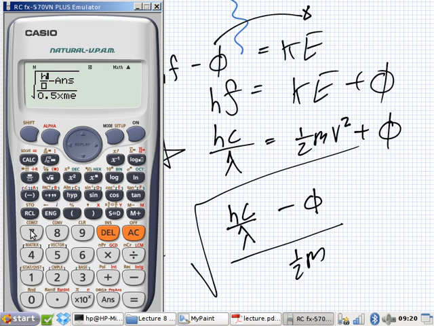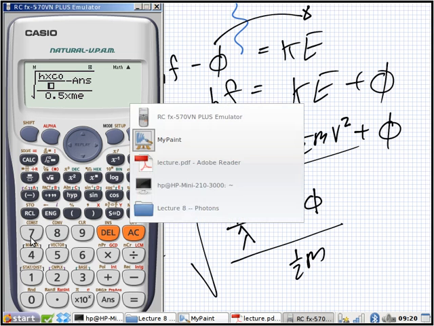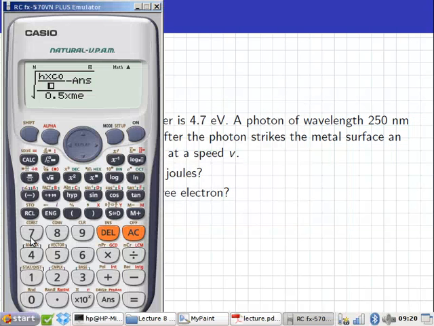And the c, 0? Okay. And what did I say the wavelength was here? 250 nano. Okay.